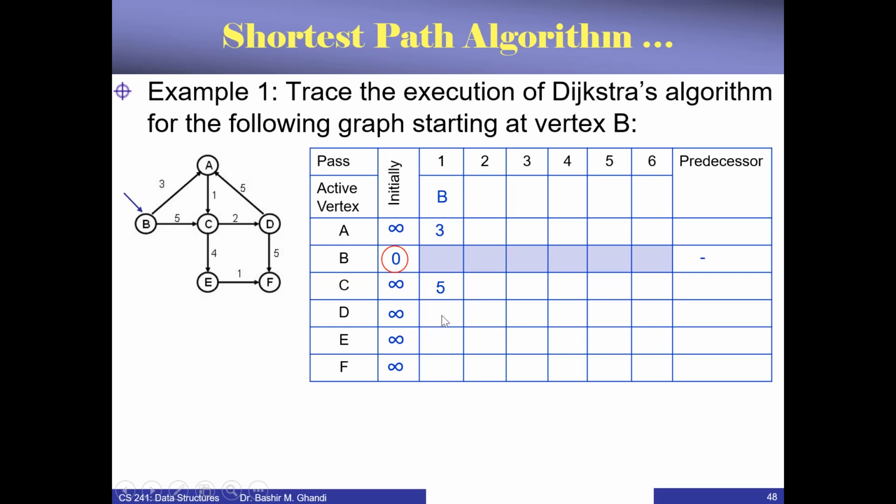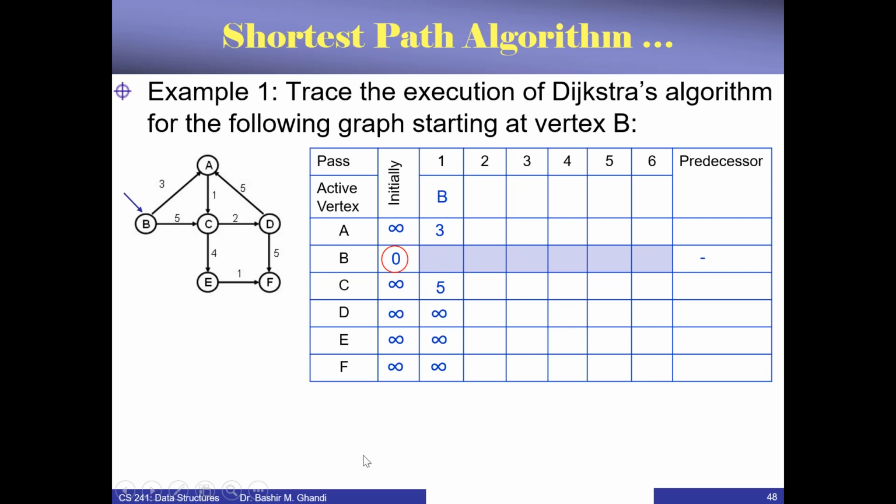Now, for those vertices that we cannot reach from B, we cannot reach D, we cannot reach E, we cannot reach F. From B, there's no direct edge to E or D or F. Just copy their current value from the last column to this column, because this column has to be complete before we can consider that we have finished with this iteration.